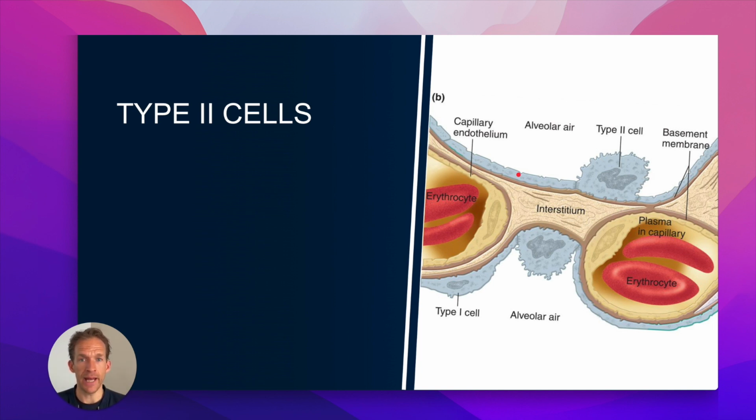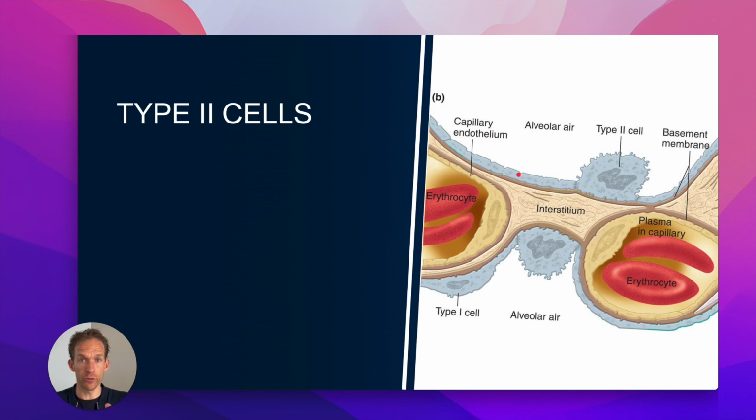But your body has specific cells, type 2 cells as indicated right here, that secrete a chemical that is called surfactant. And surfactant basically is a soapy substance that will allow the water tension to be broken, or at least partially broken.